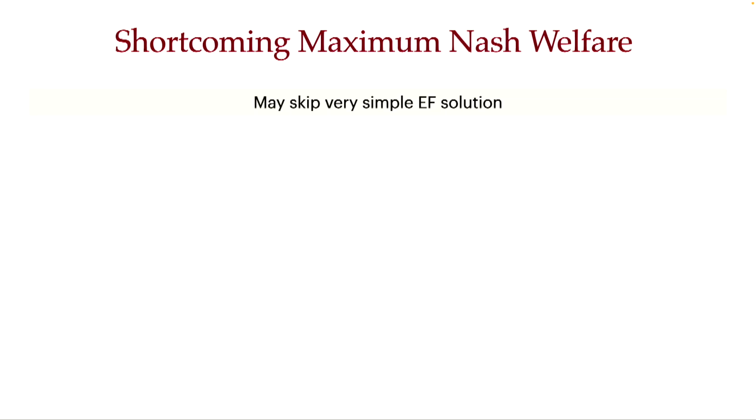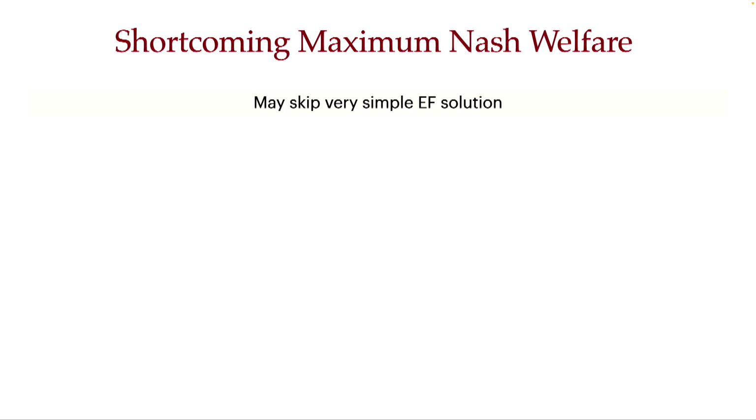This is again a tutorial question. I will explain what it means and you need to come up with an example. Maybe your instance had a very simple EF solution, it exists, you could compute it, a very simple example. But even if you find the maximum Nash welfare allocation, the allocation that maximizes that, it does not imply EF.